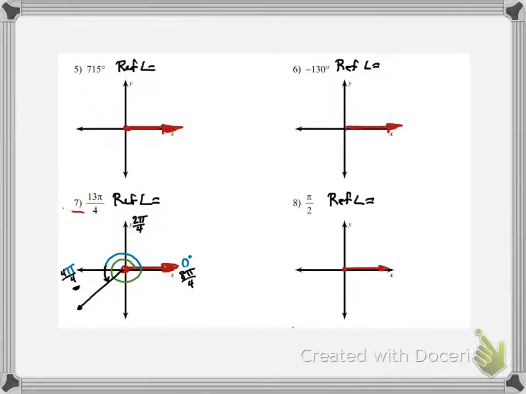I want to look at a different way to do that. What if I took my 13 pi over 4, instead of those other calculations that I did, I said 4 goes into 13 3 times, 1 left over. Then I could just say I need 3 1/4 pies. I'm just going to draw it separate so we can look at it briefly.